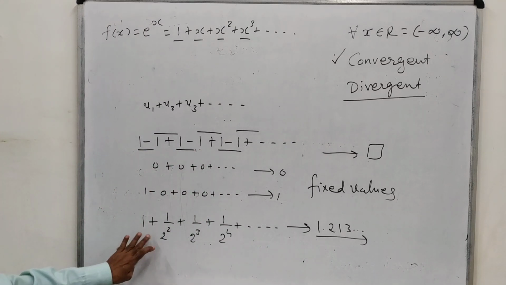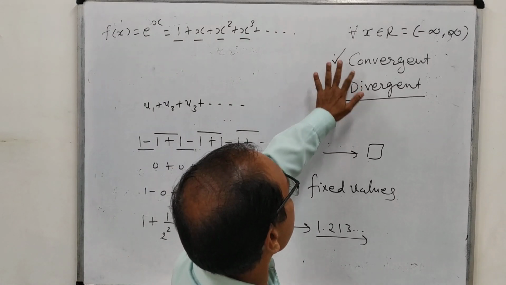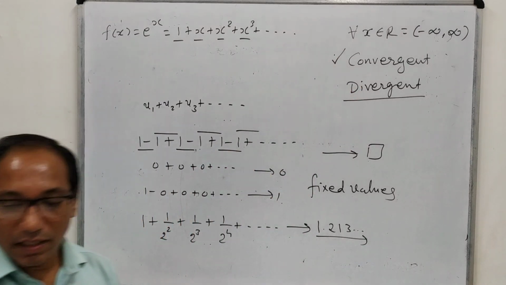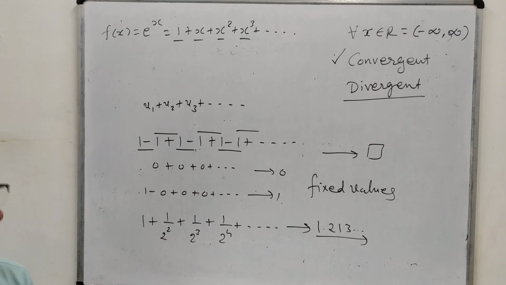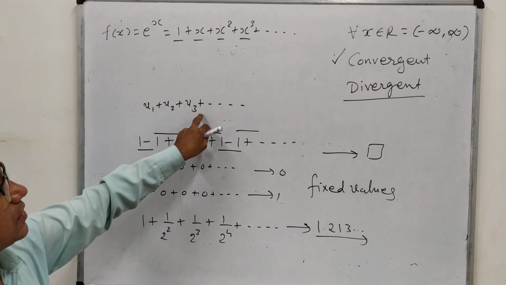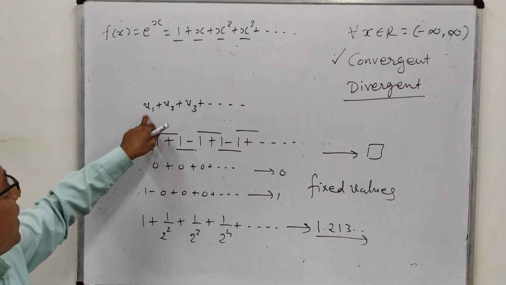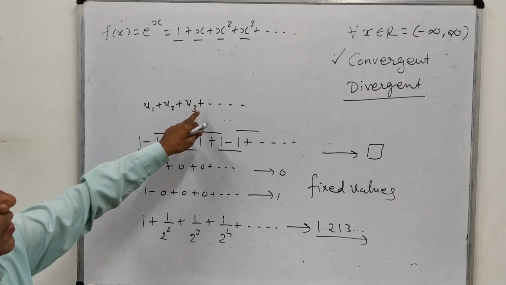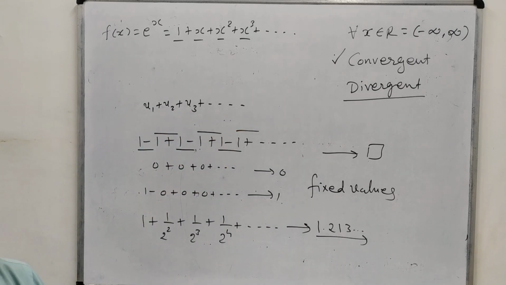This series is convergent, and the details regarding convergent and divergent we will see in the special chapters of series. That means in the first chapter and second chapter we will see specially this kind of series, that is, the series written in the form u1 plus u2 plus u3 plus dot dot dot, the general type of series.